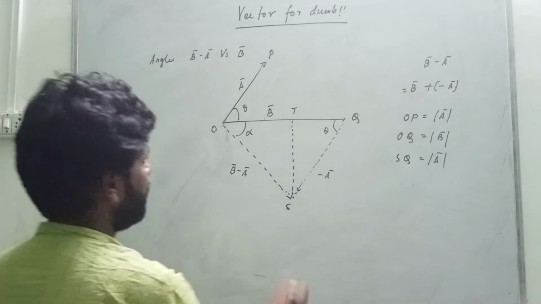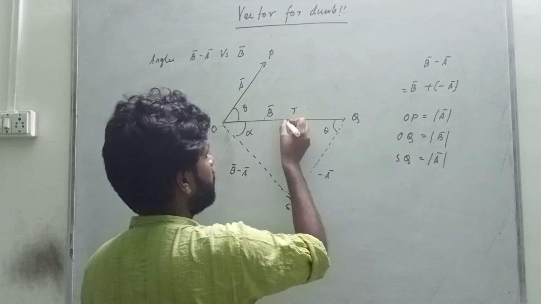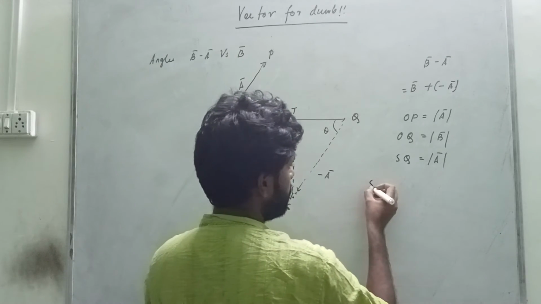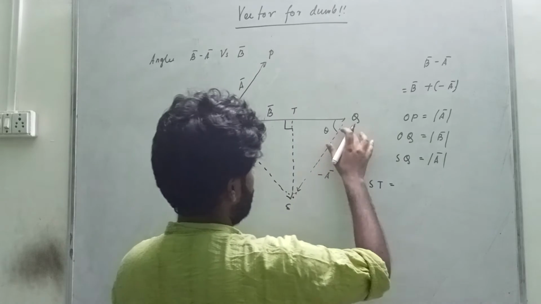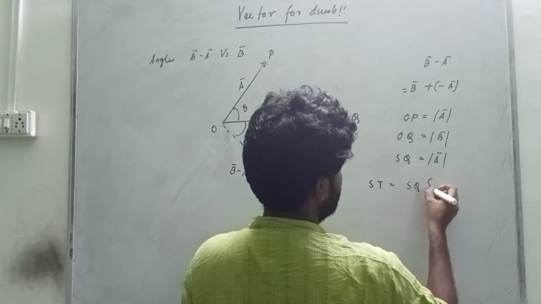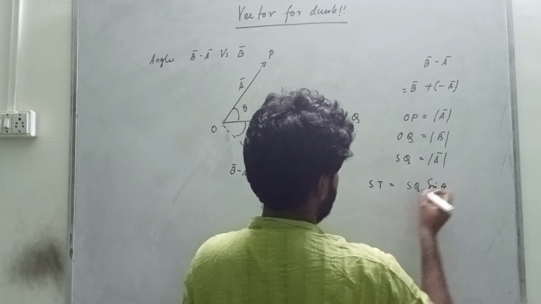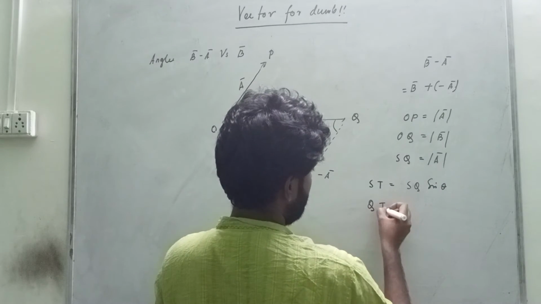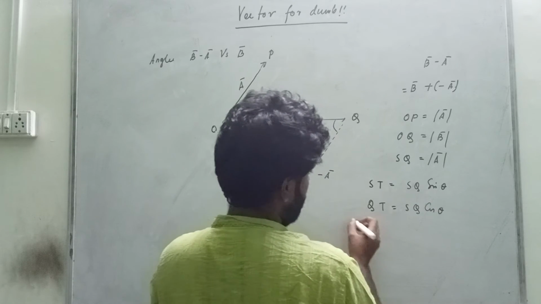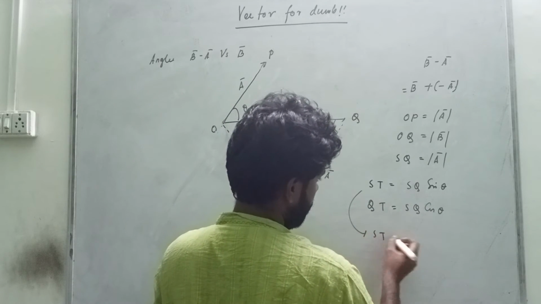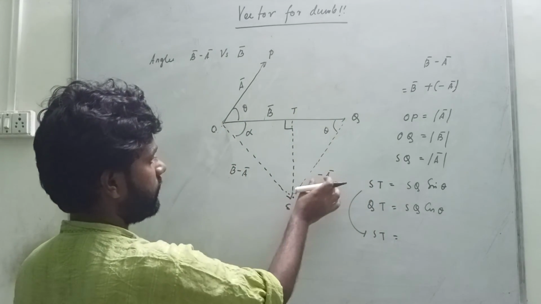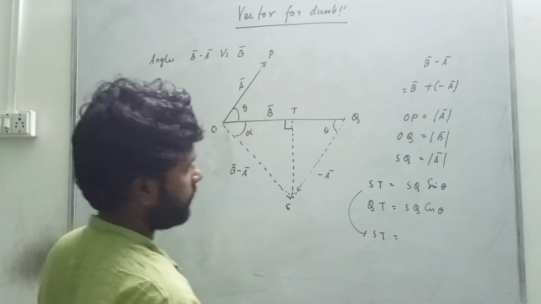Okay. And just for the drawing, it's a perpendicular. So obviously ST goes to SQ sin theta and QT goes to SQ cos theta, right? And SQ, this length, is A, right?